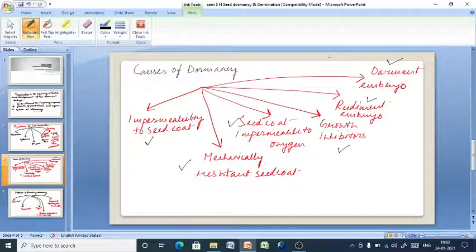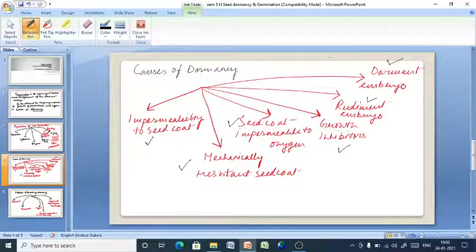One of the dramatic evidences of the growth inhibitors can be explained by applying tomato juice to other seeds, as well as to tomato seeds also. They will suppress the process of germination.